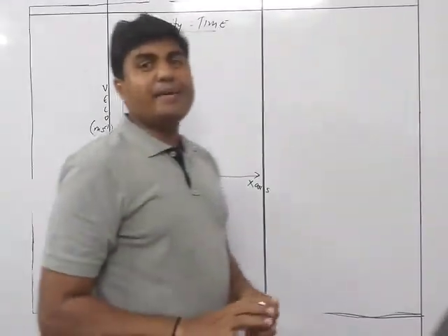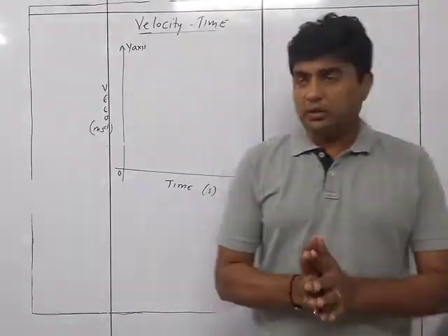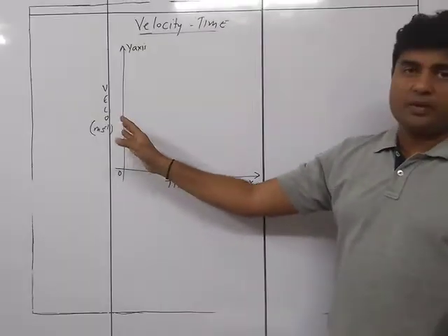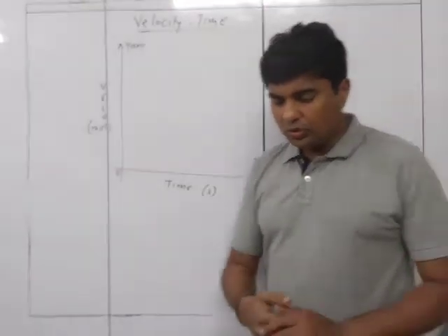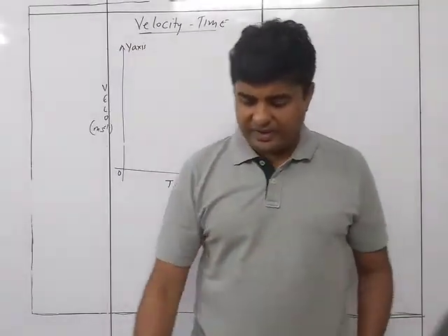The velocity time graph is a graph drawn between the velocity of any particular body with respect to time. As we did for the displacement time graph, we'll start again with the same thing.